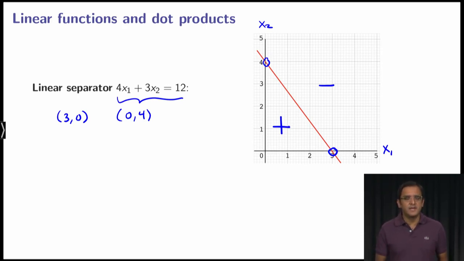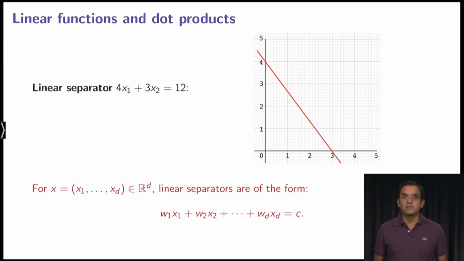So this is in 2 dimensions. What happens in d-dimensional space? What does a linear boundary look like there? It's a direct generalization of the previous form. When we're in d-dimensional space, then x is a vector with d components, x1 through xd. And a linear boundary, a linear separator, is something of the form some constant w1 times x1 plus some constant w2 times x2 plus all the way to some constant wd times xd equals some other constant c.